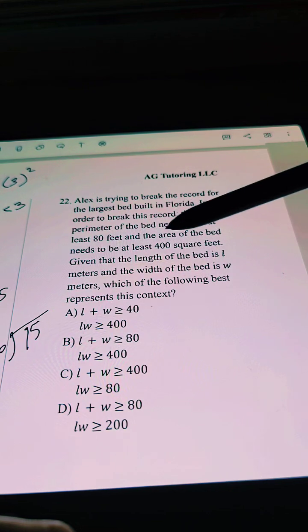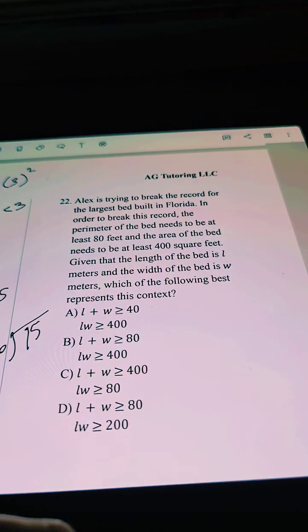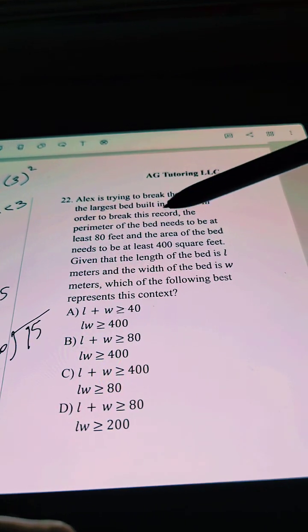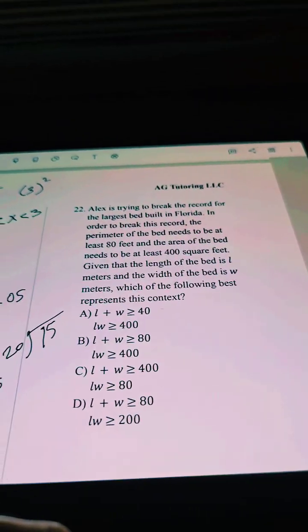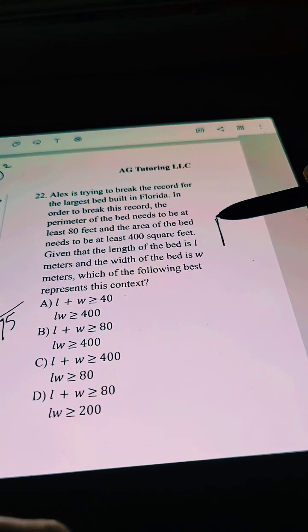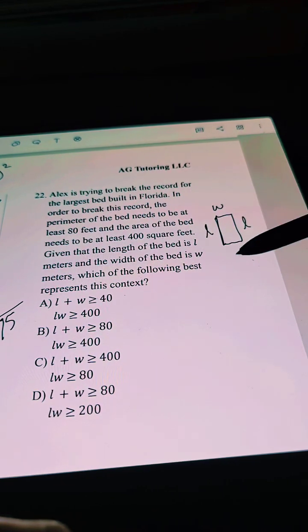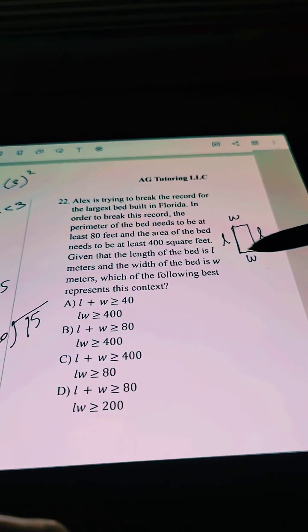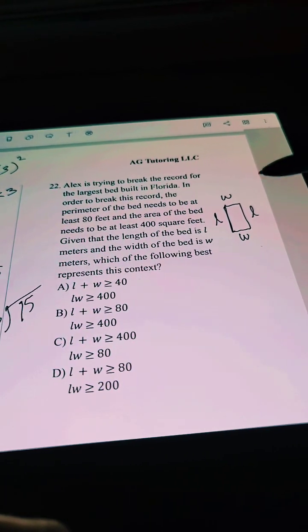So we know that, what did they say? The perimeter of the bed needs to be at least 80 feet. So perimeter, if we're talking about a rectangle, like there is in a bed, and we have L for our length and W for our width, perimeter would just be adding all of these up, right?